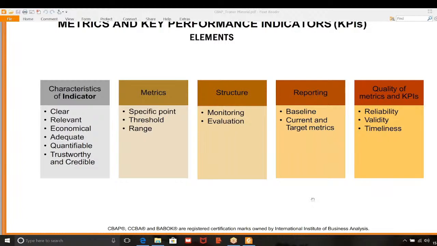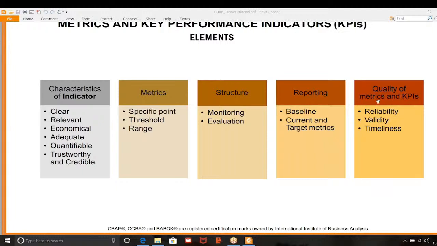One good example is the burn down chart and burn up chart. There you have an ideal set of stories delivered, and then burn down and burn up shown against it. The target one is the ideal path, and the current one is the actual that you are burning up or burning down. That's how the reporting works.